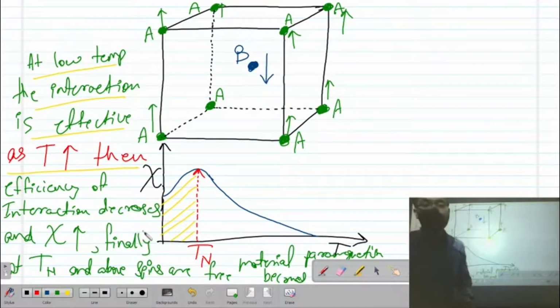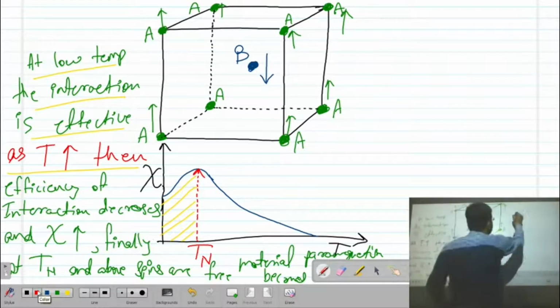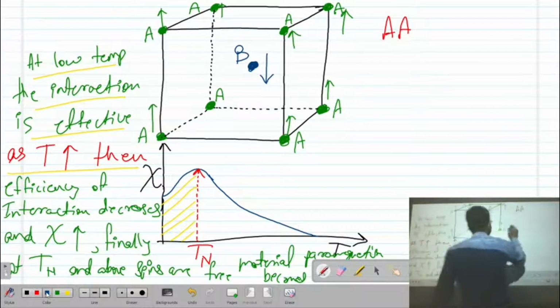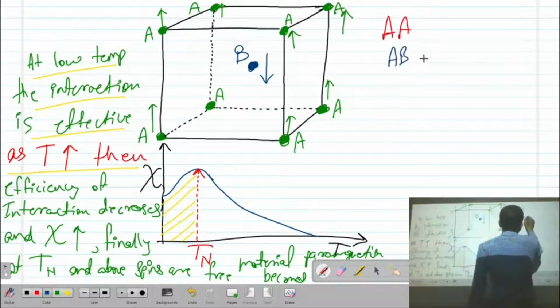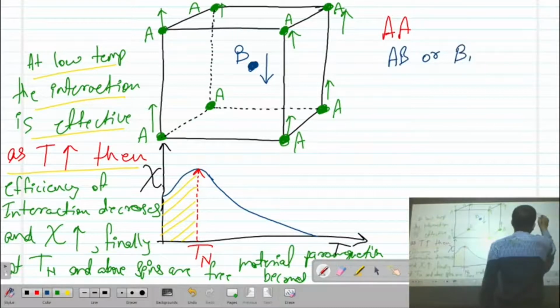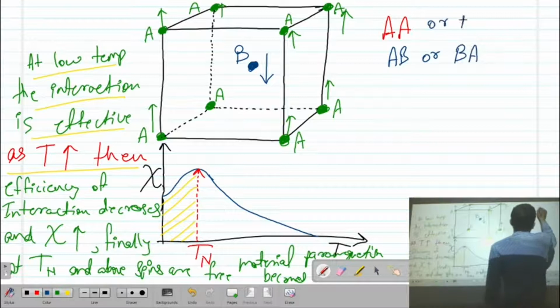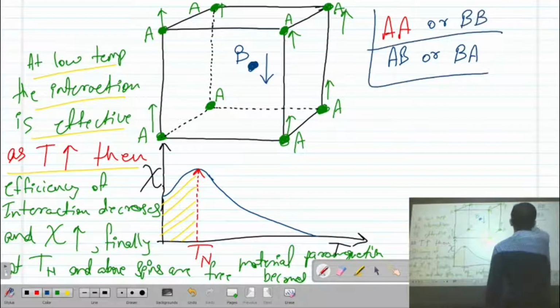Remember, over here you will have types of interactions, that is AA interaction, AB or BA, or BB type of interactions.